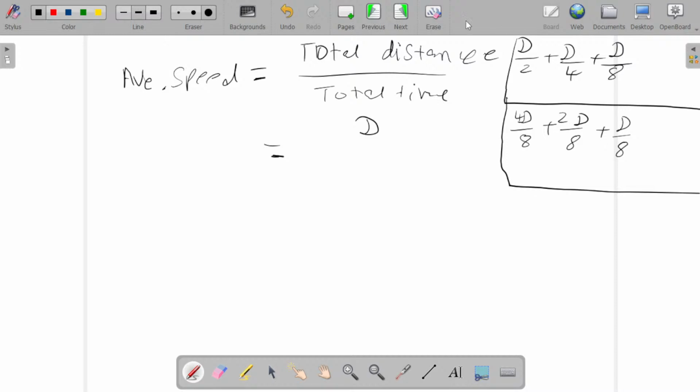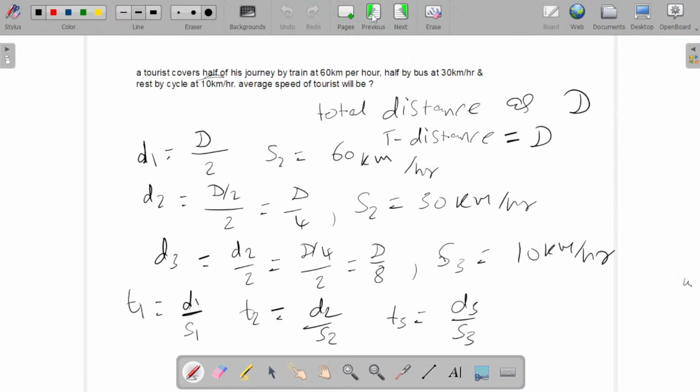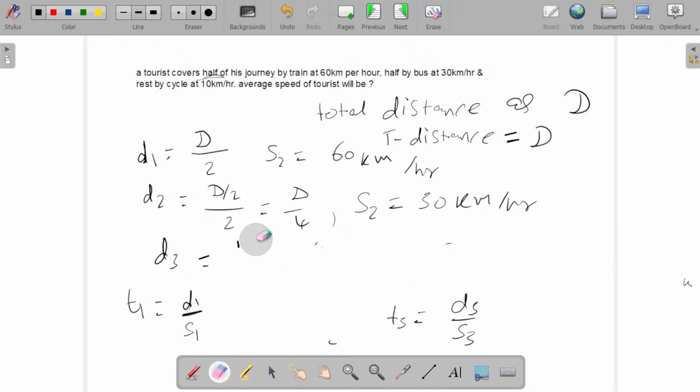Oh, sorry, wait, there is another mistake. Here it is the rest distance, it is not given as half. I again made a mistake, so it will be the rest distance. So the rest distance we will find this way: total d minus d by 2 minus d by 4.